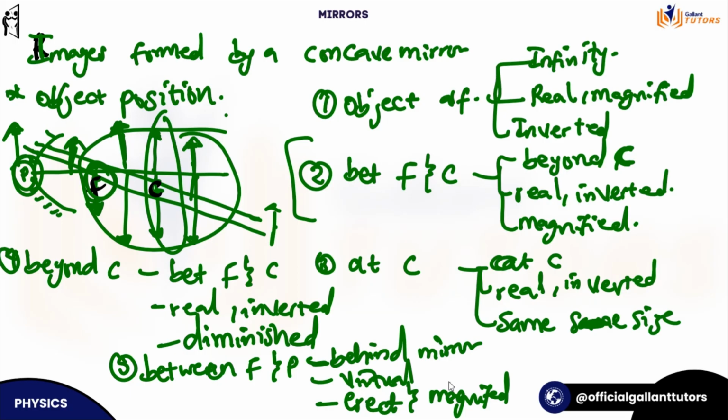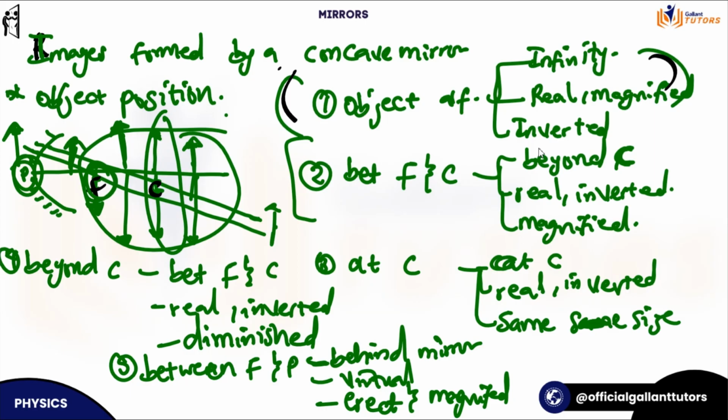Now, they can ask, okay, when the object is at infinity, what is formed? They just try to reverse the first question. When the object is at infinity, what kind of image is formed? Use your brain. Now, the image will form at what? At F. Exactly.